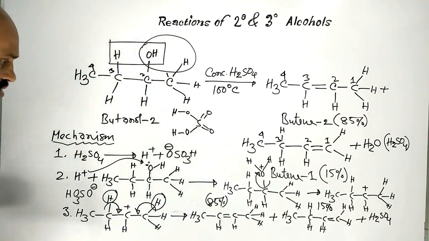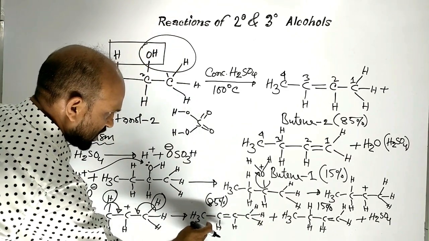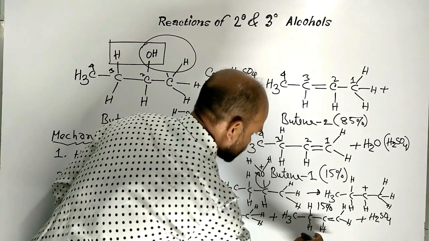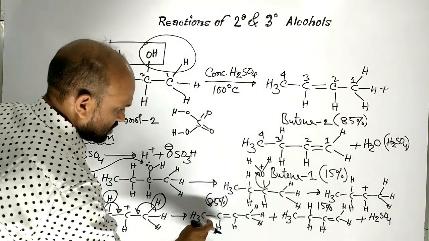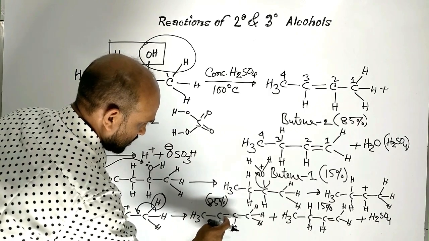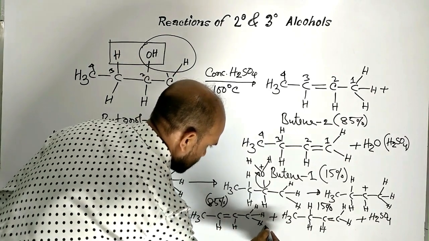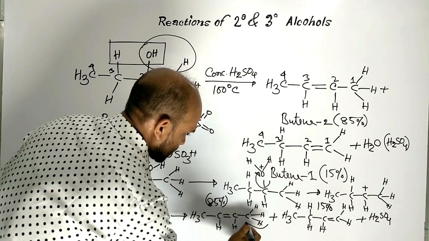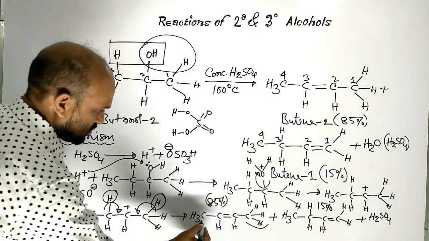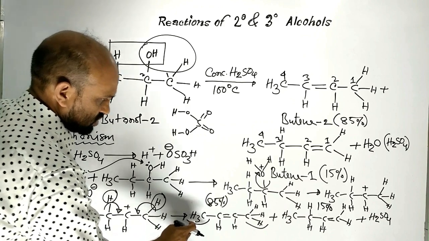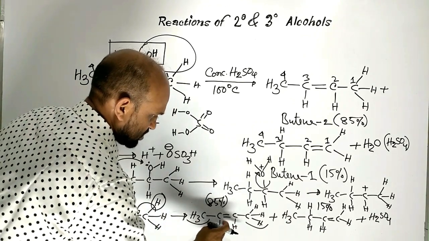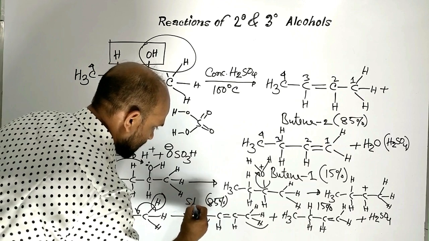Now, why is this 85%? Why is this 15%? In this compound we see double bond is at the middle, and on the right side one methyl group, on the left side one methyl group. So this compound is balanced, that is stable compound.